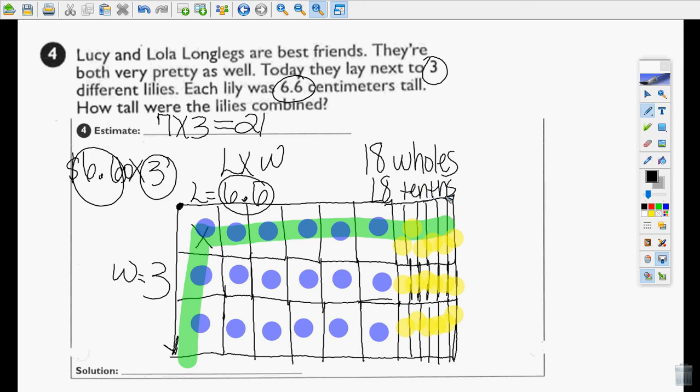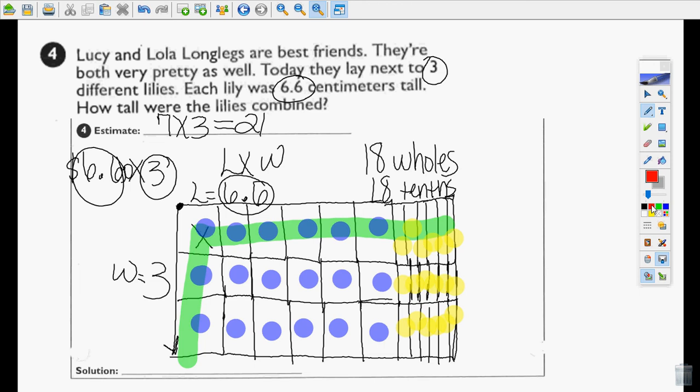Remember, it takes 10 tenths to make a hole. So I'm going to swap out 10 of these tenths, and I'm going to swap it out for a hole. So here are my 10 tenths.